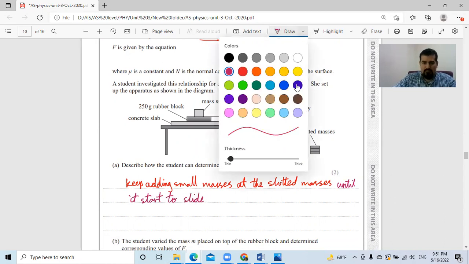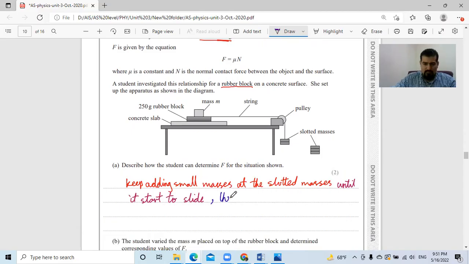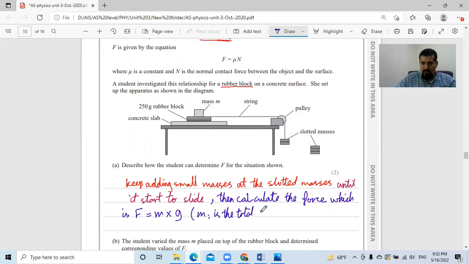Then calculate the force, which is F equals M multiplied by g, where M is the total slotted masses.